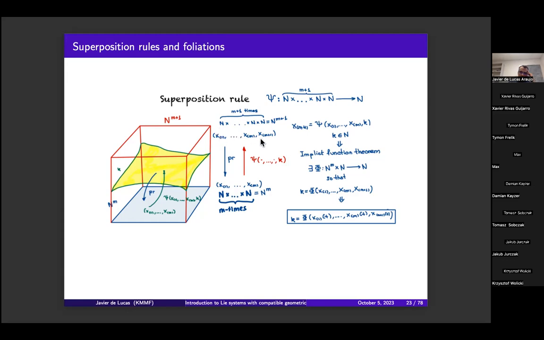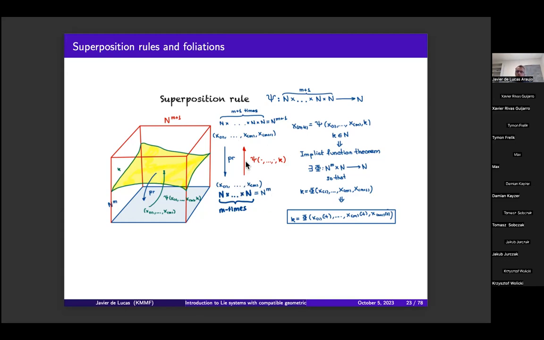I mean, if you have n plus 1 points of n, that is a term in this manifold, you project onto the initial n ones. So essentially what we did, they said, okay, we are thinking about superposition rules as a lift.